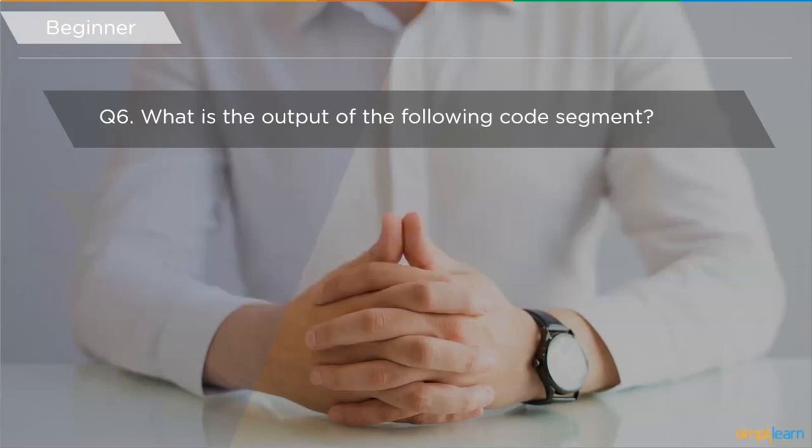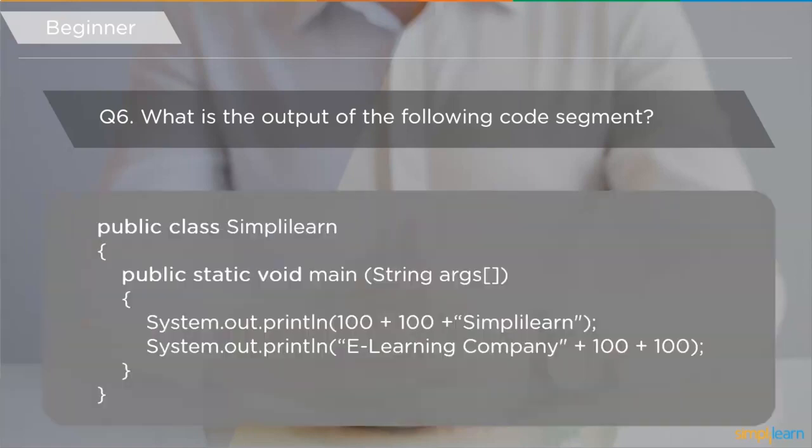Why? Let's check out the code segment once again. So when you see the code segment once again, the first printf statement has 100 plus 100 plus Simplilearn. So JVM here understands 100 as an integer value and the plus symbol as an addition operator here. So followed by the addition operator, we have another integer value. So what JVM does is it adds the two numbers 100 plus 100.